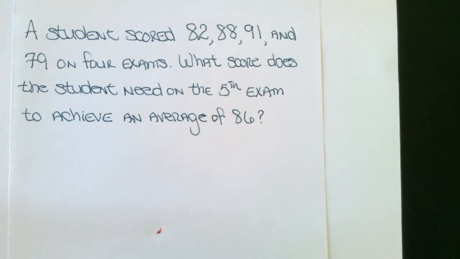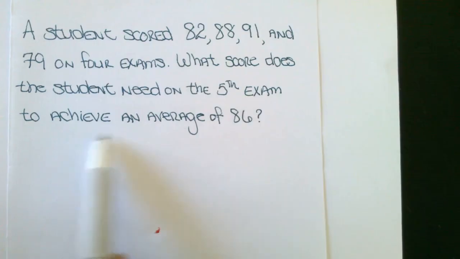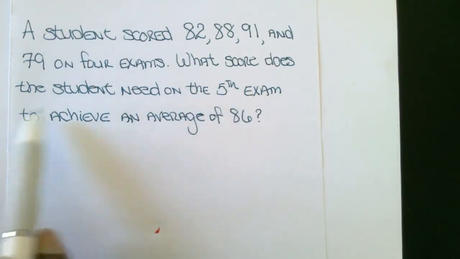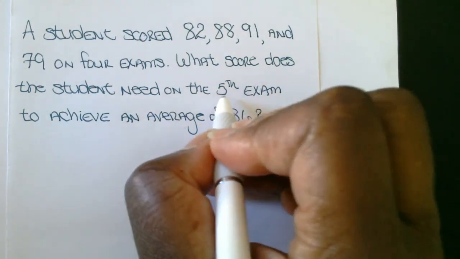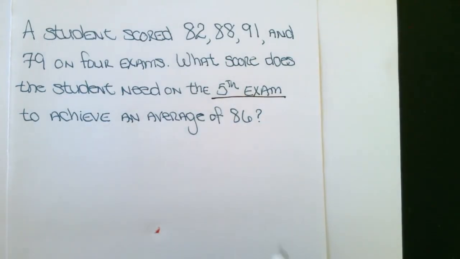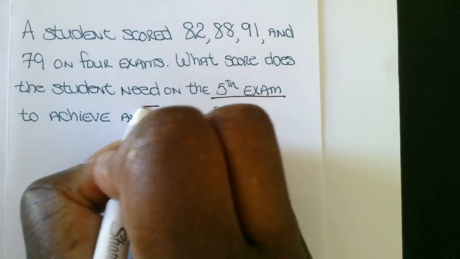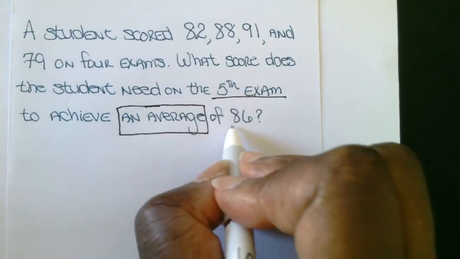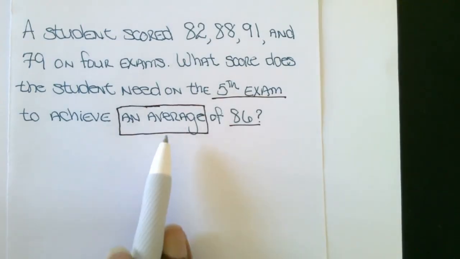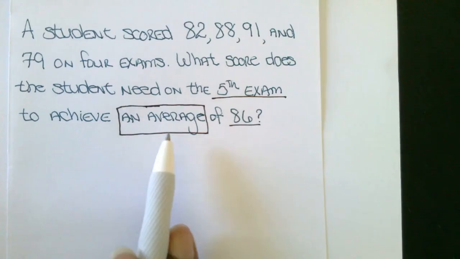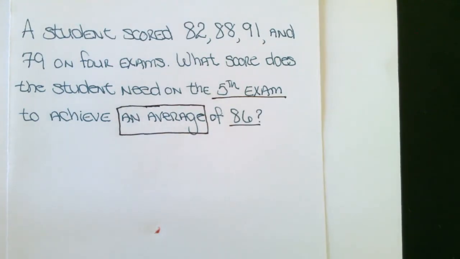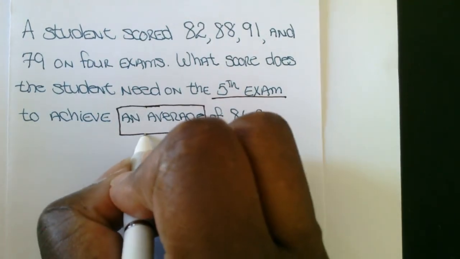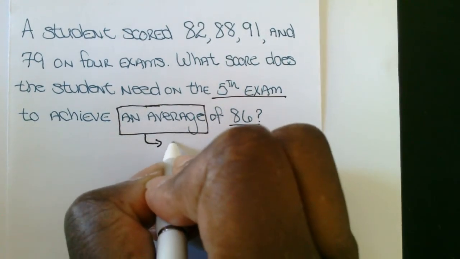So, let's take a look. First thing, I'm always going back to the question. What score does a student need on the 5th exam to achieve an average of 86? When I see the word average, just average, not average rate, that means I'm thinking of mean.